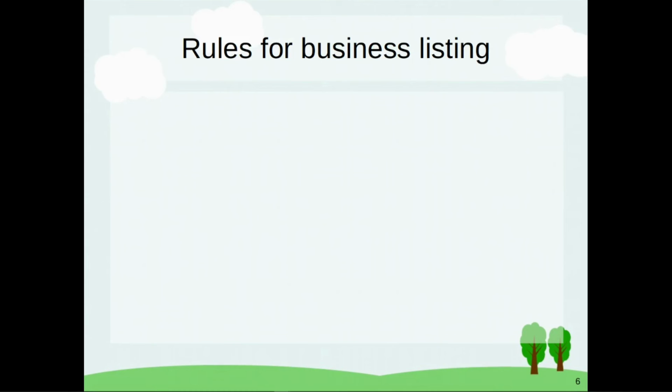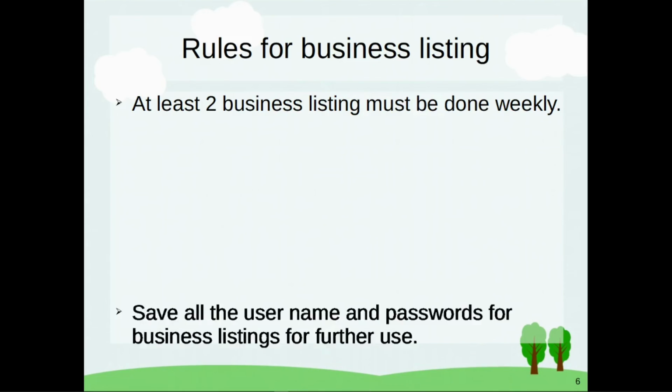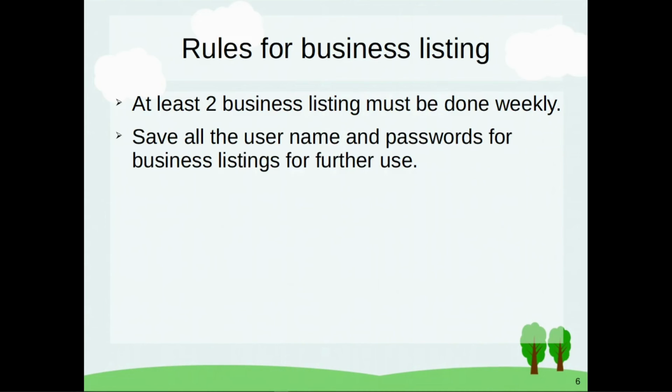Next, we will see what the rules for business listing are. You have to submit your business to 2 business listing sites weekly. You can do more than that, but you have to submit to at least 2 business listing sites, and you must save the username and passwords of those business listing sites for further use.